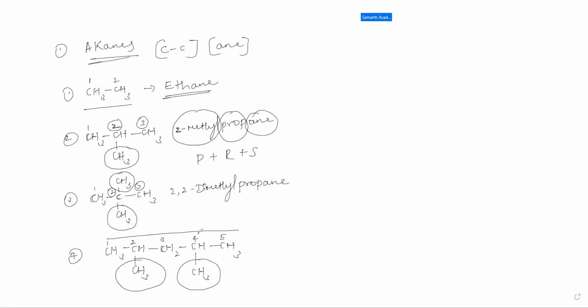You have to check the numbers: one methyl is present at the second carbon, and the second methyl at the fourth carbon, so 2, 4. How many methyl groups? 2 methyl groups, so you have to use di, dimethyl. The parent chain contains a maximum of 5 carbon atoms, so that is pentane. So 2,4-dimethylpentane.